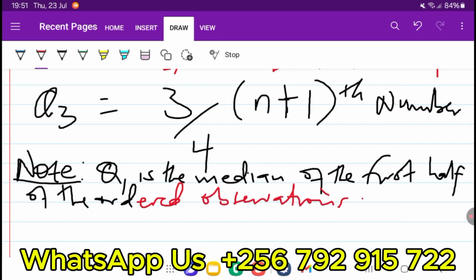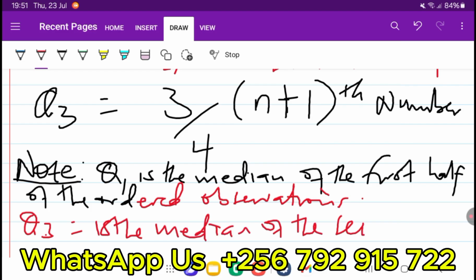Then Q3 is the median of the second half of the ordered observations.